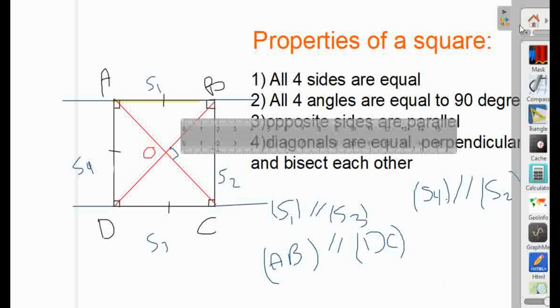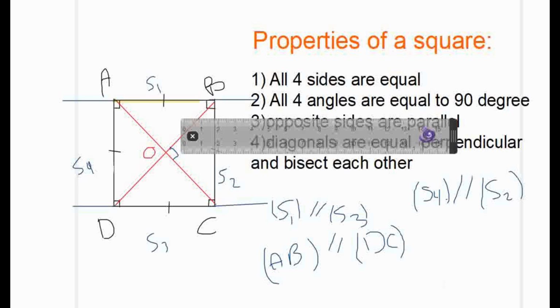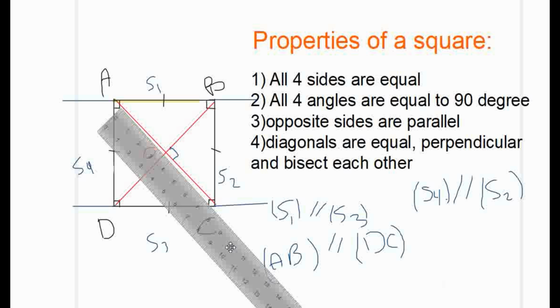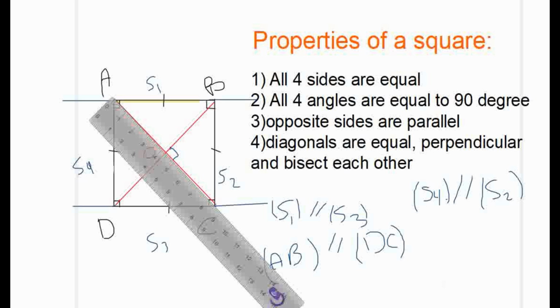Let's make sure by bringing up a ruler and see if this point O is the midpoint of AC, first of all. AC is about 8.5. So the midpoint, half of 8.5, if you divide 8.5 by 2, it will be 4.25.